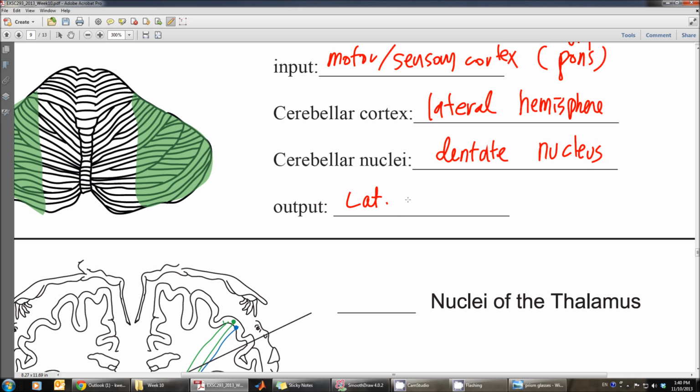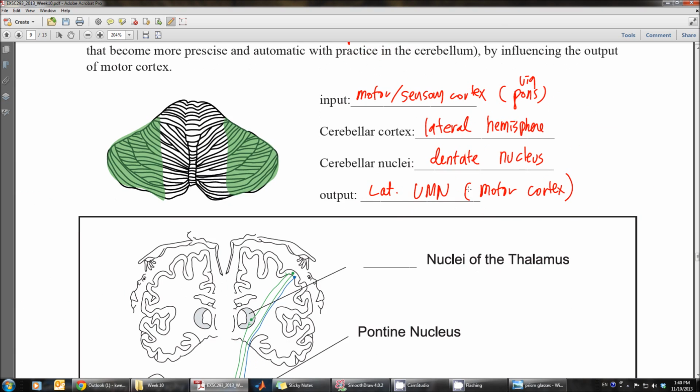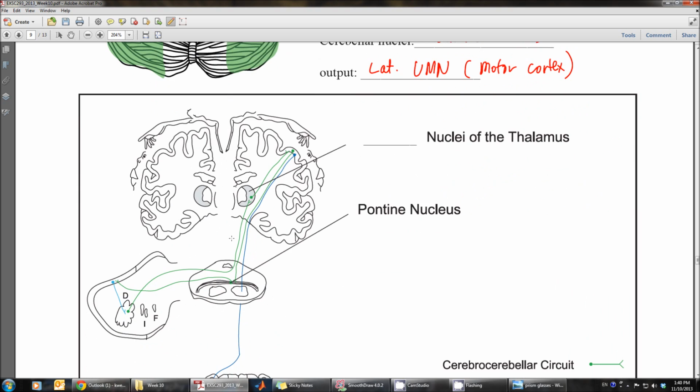Specifically, it controls the fine motor control or well-learned skill area. So the lateral upper motor neuron, and in our case, it'll be the motor cortex, primary motor cortex. And this diagrammatic representation of this pathway is shown here.